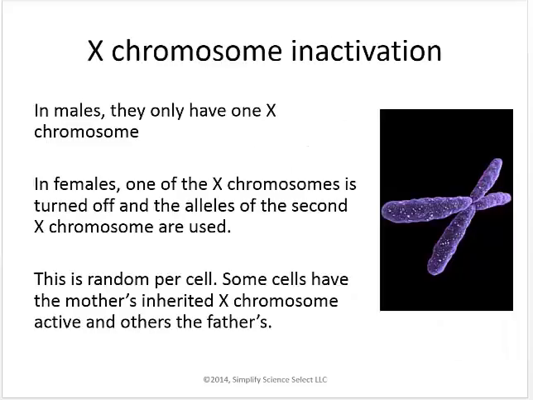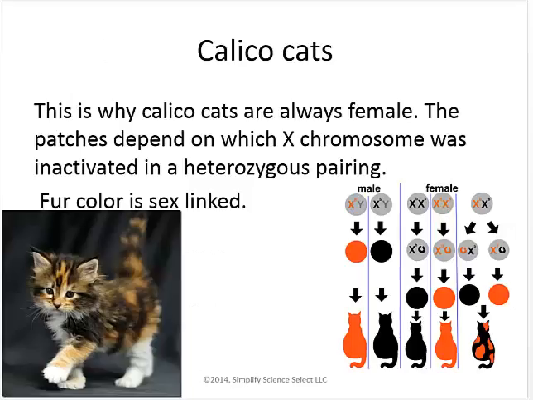Now, males only have one X chromosome. We get by just fine. Females have two, but actually each cell only uses one at a time. The other one gets inactivated, and it's actually random per cell. It happens pretty early on after the zygote phase, and that one stays inactivated for every cell division thereafter. And it's random whether it's the X they got from the mother or the X they got from the father. That's actually the example of why calico cats are always female.